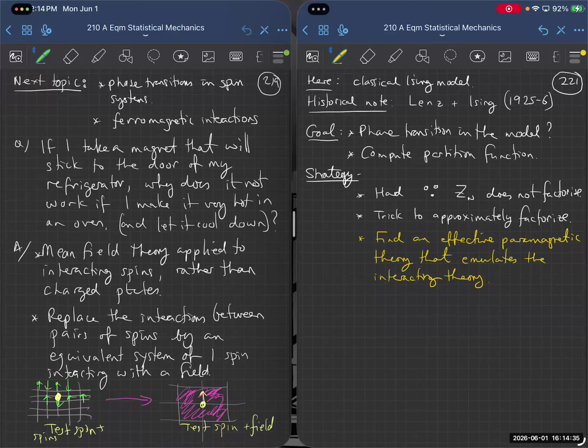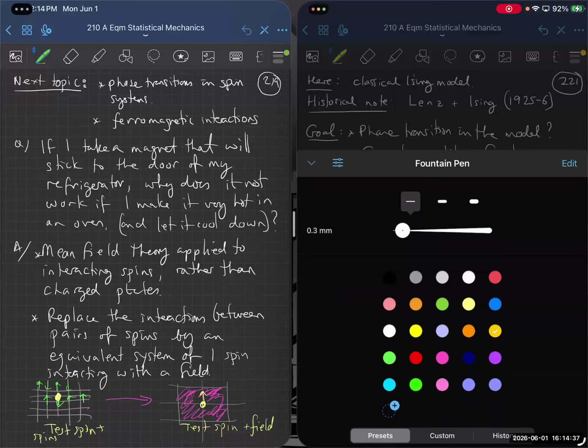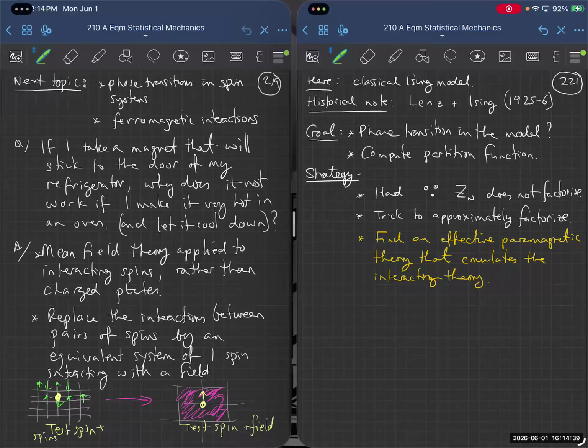So this effective paramagnetic theory will look like a single spin interacting with an effective external field representing the effects of the other spins.